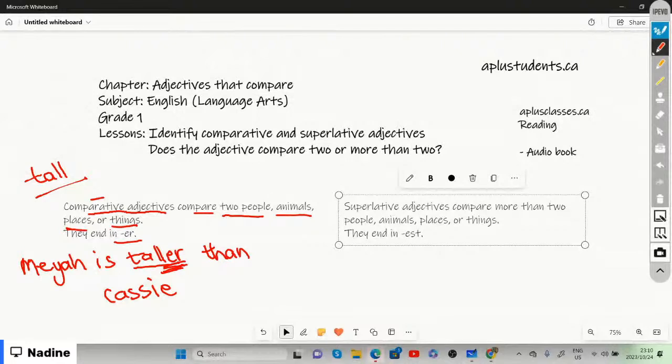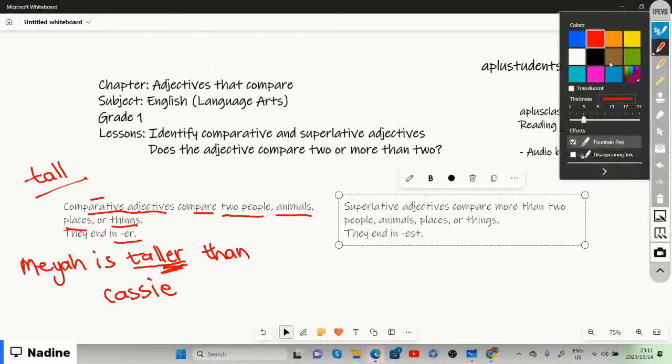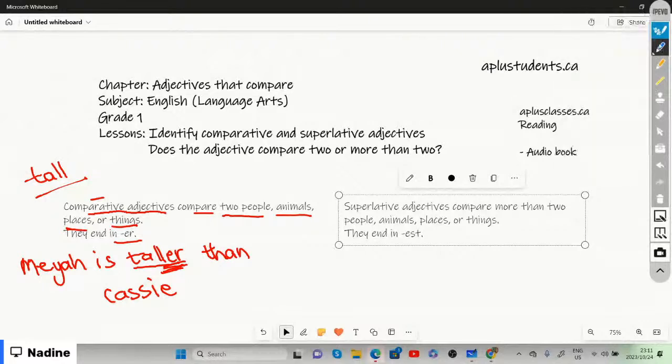Then we have a superlative adjective. A superlative adjective compares more than two people, animals, places, or things.